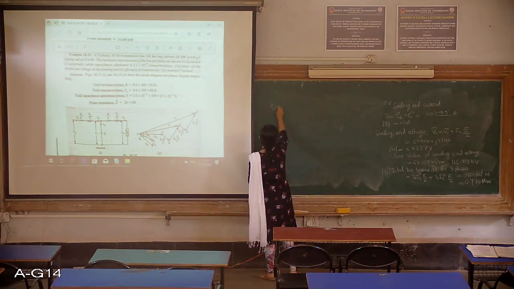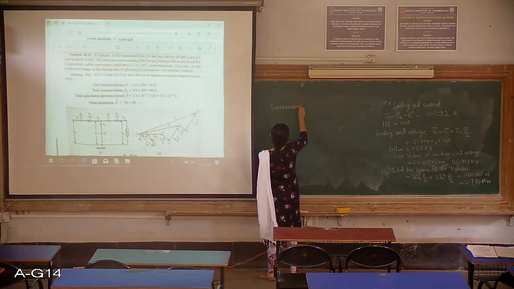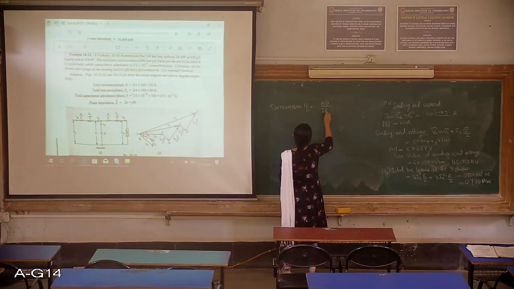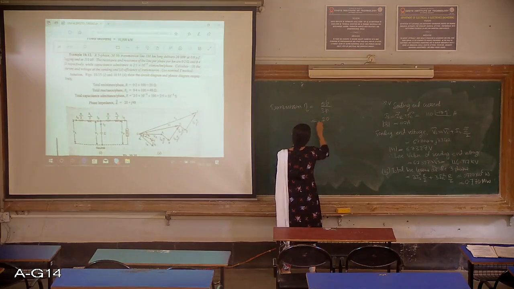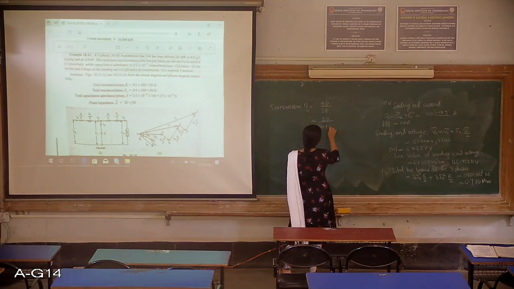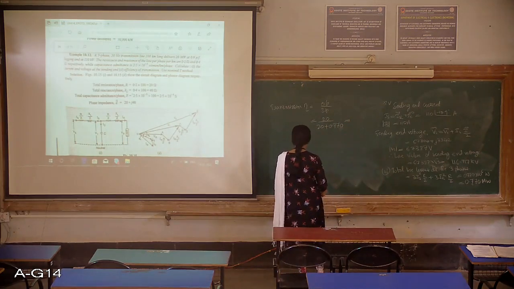So what will be the transmission efficiency? I have told you, okay, output by input. So output is 20 megawatt, divided by 20 megawatt plus your losses, 0.770. Okay, so work out the answer.